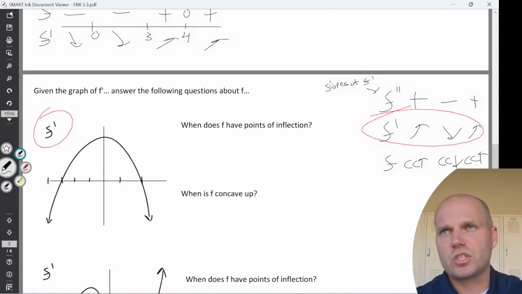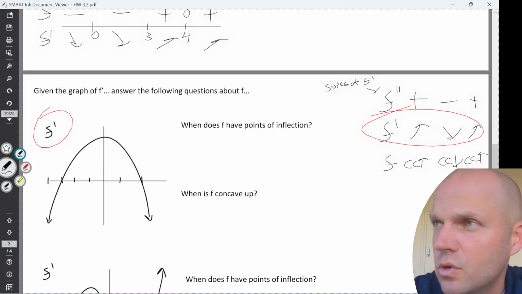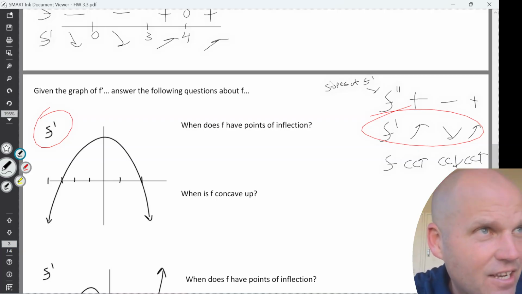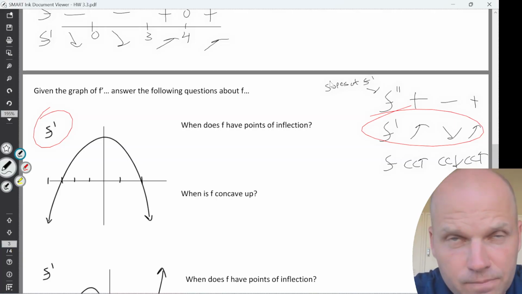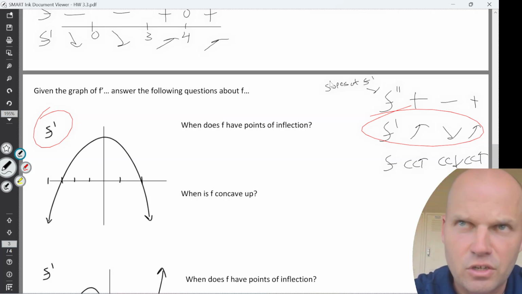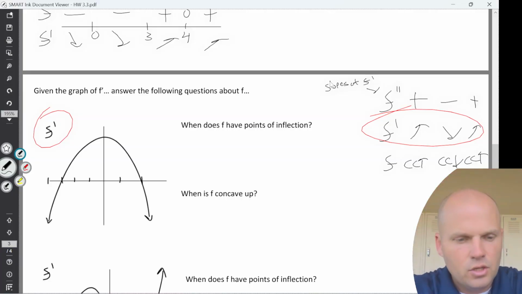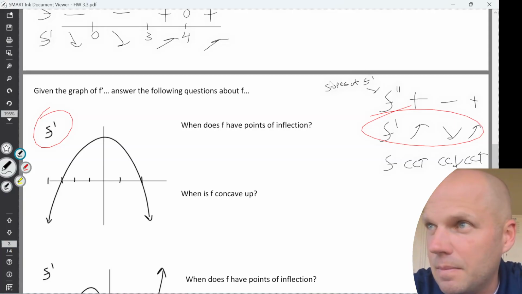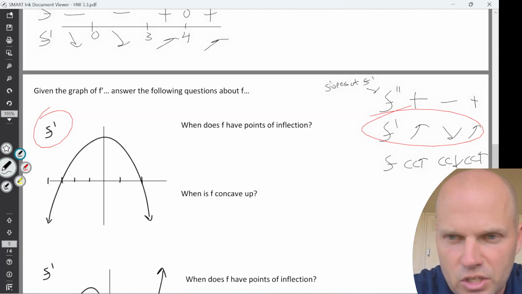You remember the questions from day 1 where I asked you, when are the slopes of this graph positive? And then I asked you, when is this graph increasing? And you'd be like, oh, the slopes of the graph are positive from 0 to 2. And then you're like, oh, the graph is increasing from 0 to 2. These are the same answers. Yes. Slopes being positive is the same location as when something is increasing.